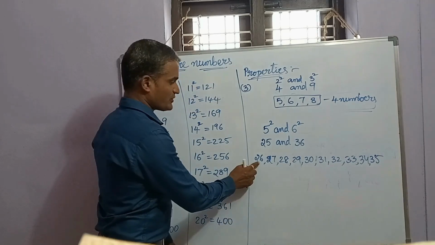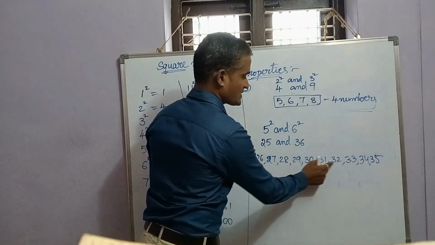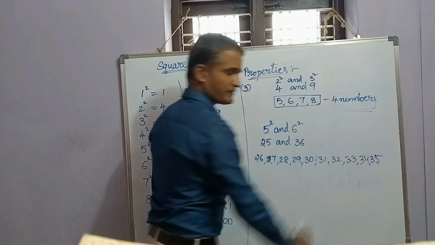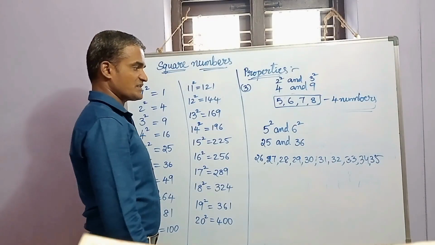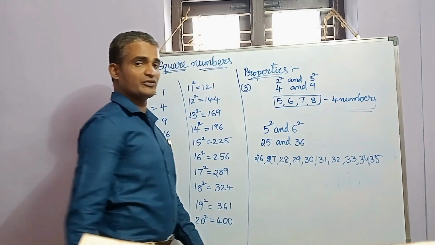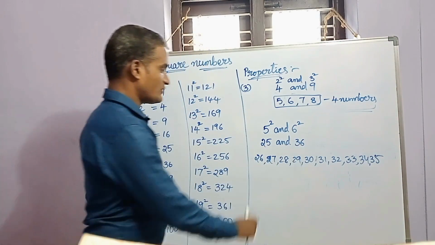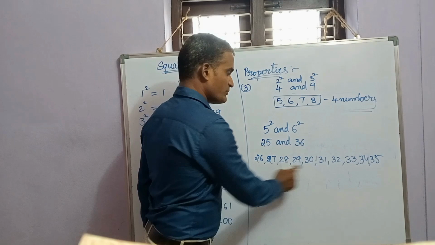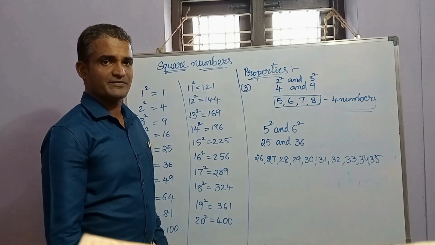That's all. So count 1, 2, 3, 4, 5, 6, 7, 8, 9, 10. You have 10 numbers in between them. 25 and 36 are not counted in this list. So without counting both, in between them there are 10 numbers.